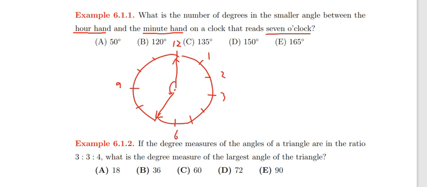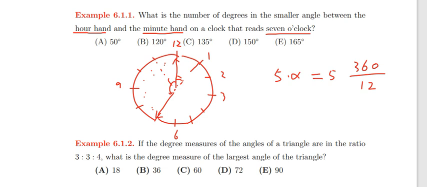We can split this angle into 5 parts, 1, 2, 3, 4, 5. So 5 multiplied by the angle for 1 hour. This angle for 1 hour is equal to 360 over 12, right? We split the circle into 12 parts.